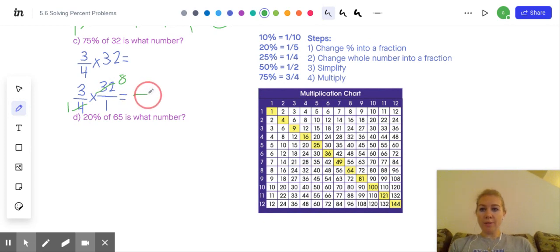Let's rewrite our fractions so they're nice and neat. So 3/4 has turned into 3 over 1 times 32 over 1 has turned into 8 over 1.